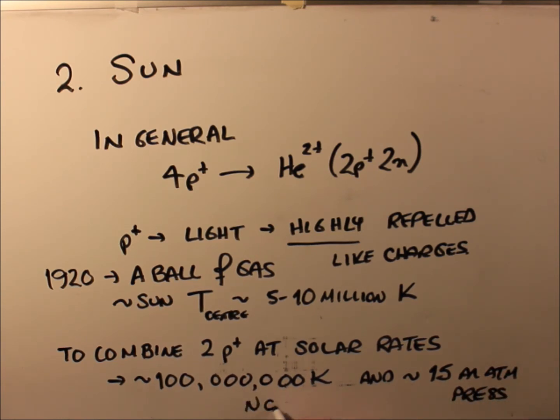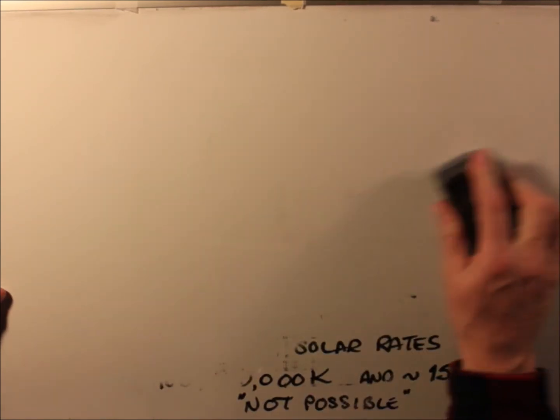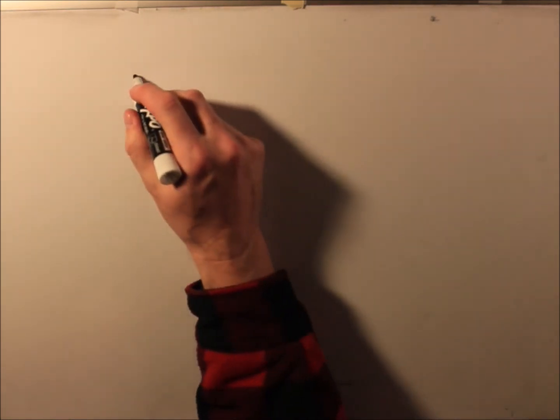This is not possible with the mass of our sun. Okay, fine. We can accept that it's not possible, but then the question begs, if the sun's core is not hot enough for protons to combine, then why does the sun work?